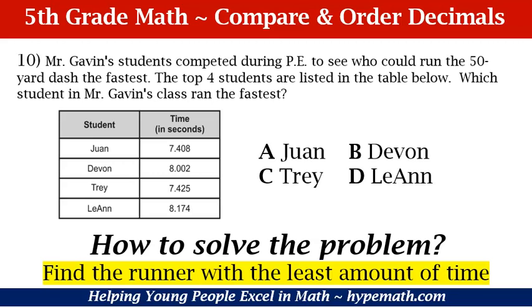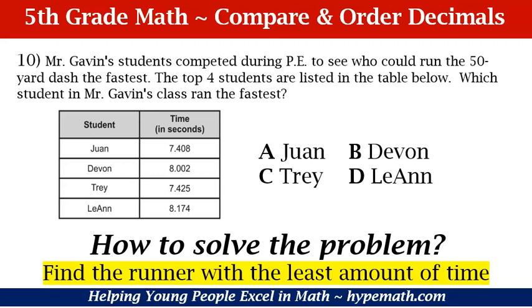We know that Devin and Leanne cannot be the fastest because the number in the ones place is an 8, which is larger than 7. Remember we talked about that: look at what information you have and compare it to your answer choices, and you can probably cross some out.